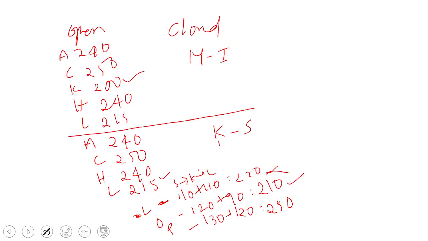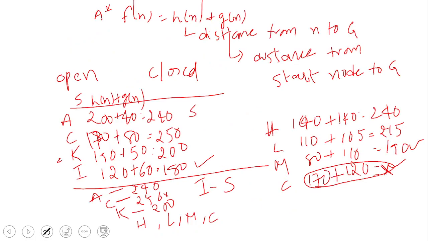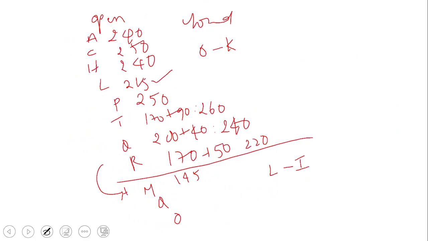That means we got I. So from here, S to I, I to L, L to M. Okay. So 145 plus 80, we will get 225, and Q, 185 plus 40, so we'll get it as 225. O is 155 plus 90, so we'll get it as 245.